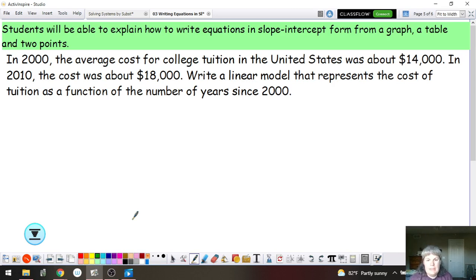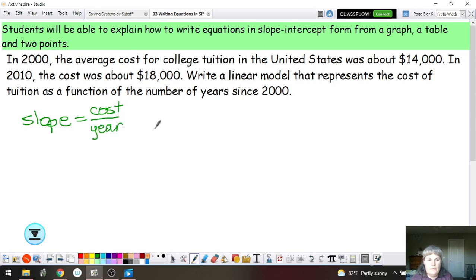So if we think about this as an application, our slope is representing a rate. And we don't usually say year per cost, we say cost per year. So our slope is going to represent the cost per year.